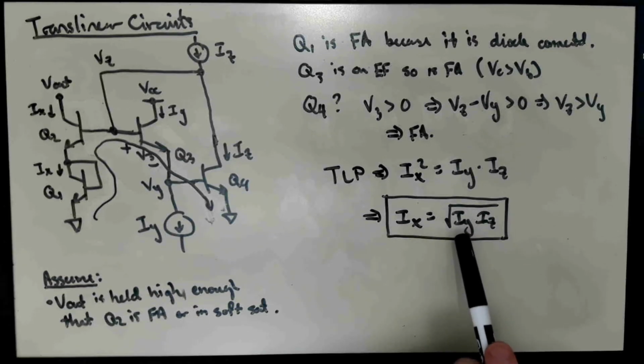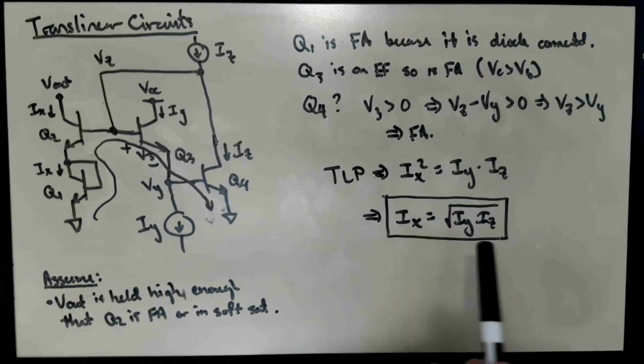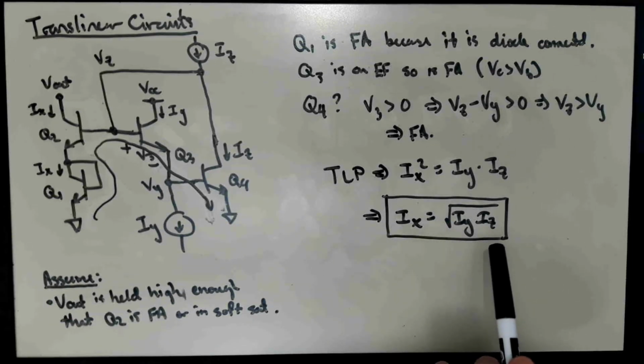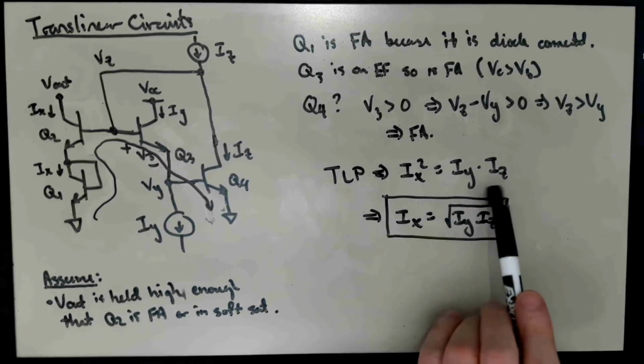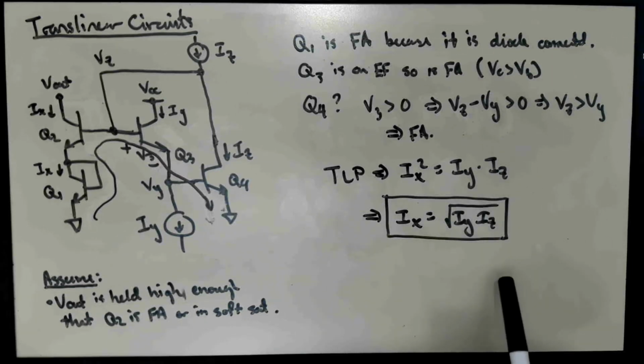And in point of fact, we could make Iy the output if we wanted to, but that's not too different than having Iz be the output current, since the translinear constraint is symmetric with respect to Iy and Iz.